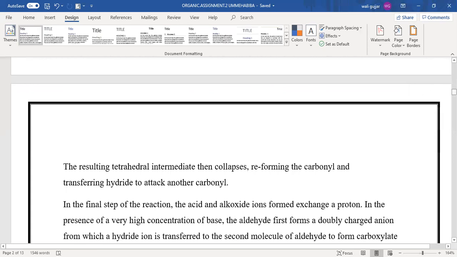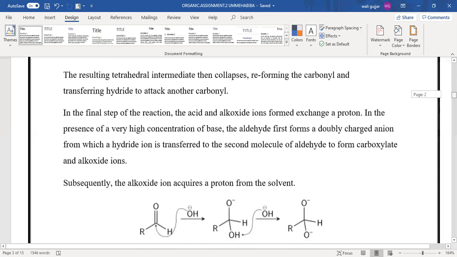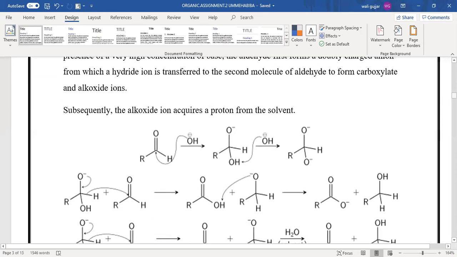Then we see what happens in the final step in the mechanism of this reaction. In the final step, the acid and alkoxide ions formed exchange a proton in the presence of a very high concentration of base. The aldehyde first forms a doubly charged anion from which a hydride ion is transferred to the second molecule of aldehyde to form the carboxylate and alkoxide ions.